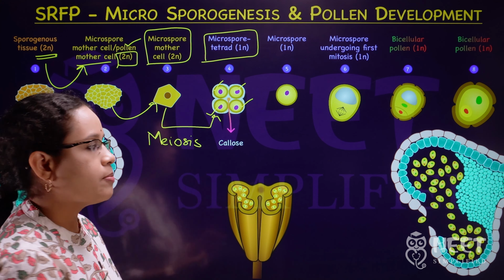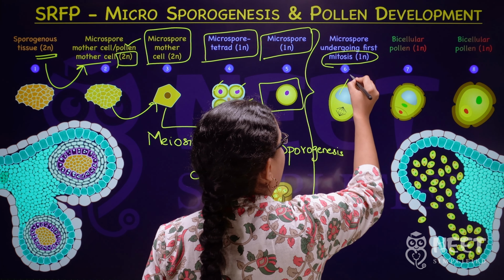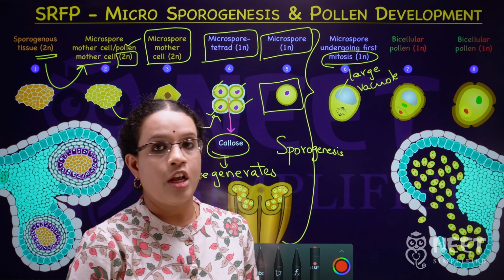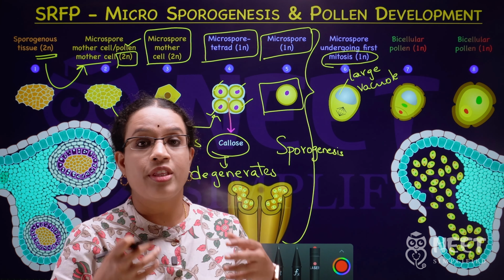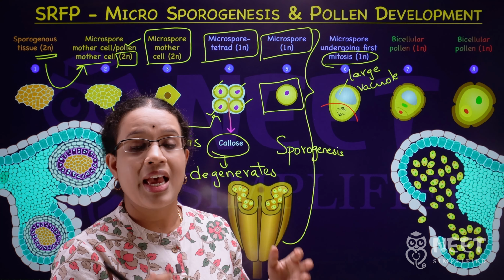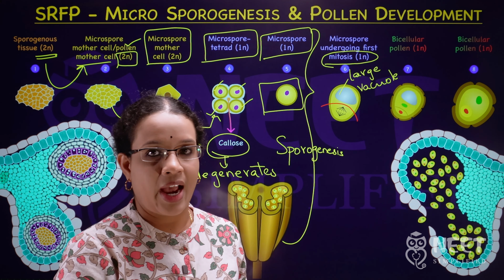Here, the microspore undergoes the first mitotic division. How is that happening? That is a very important thing which happens here. You have a large vacuole developing in the cell. This large vacuole pushes the nucleus towards the downside. In this stage, karyokinesis happens and also cytokinesis goes on.